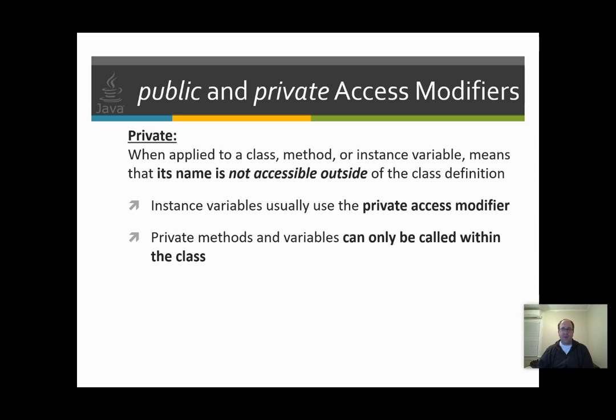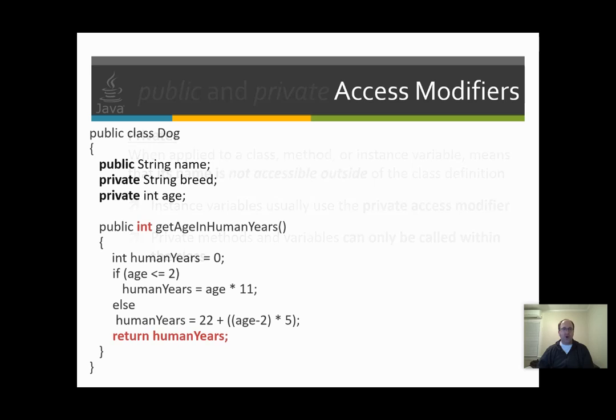And here's an example. The textbook goes back to your dog class that we had started talking about. I have here a couple of the variables, and I've now modified them so that the name variable is a public variable and the breed and age variables are private. And the getAgeInHumanYears method is also a public method.